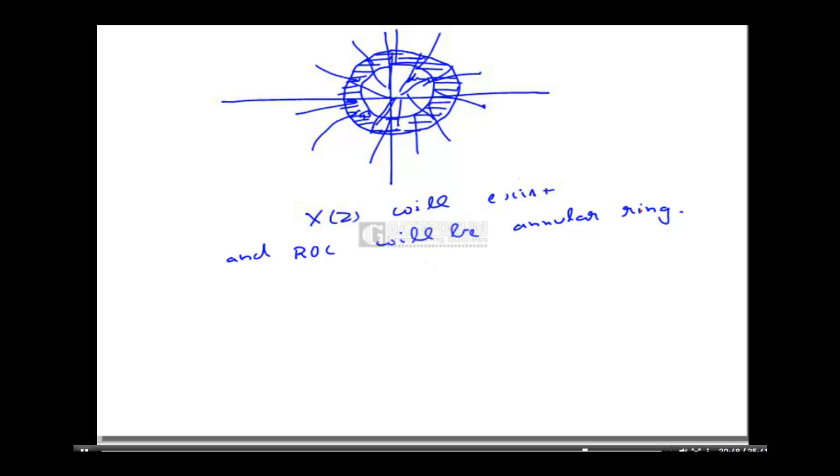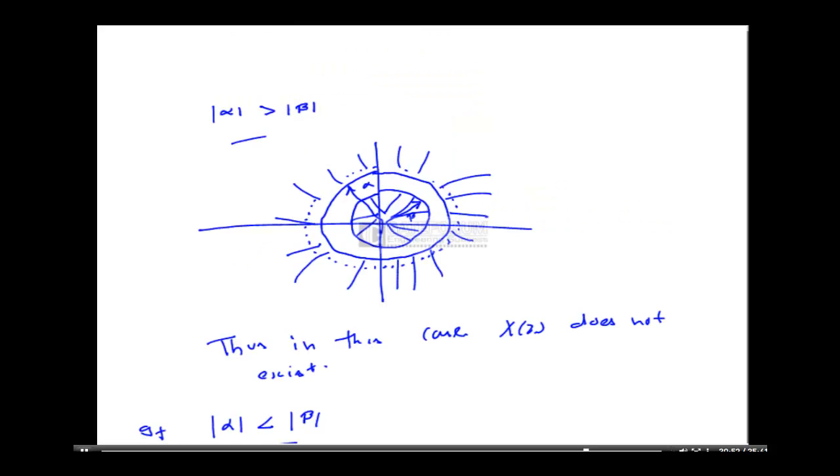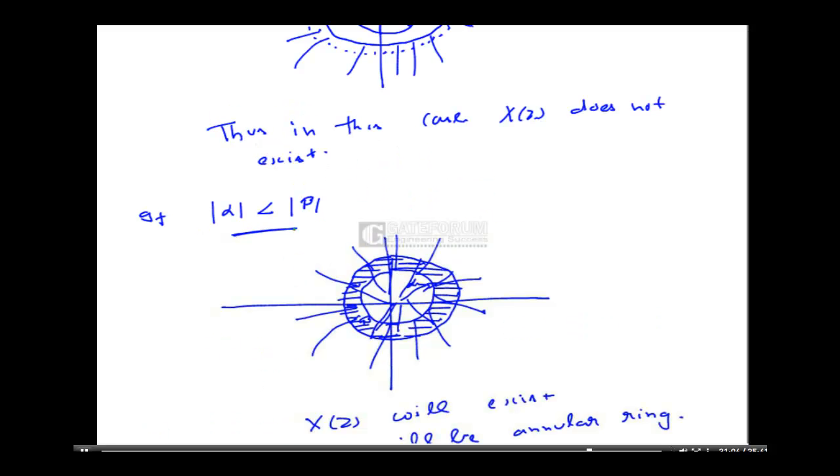When alpha is greater than beta, at that time we are finding there is no common value for which both the series will converge. So X(z) will not exist for this. But here there are certain common values for which X(z) will converge, and therefore it will exist. Okay.